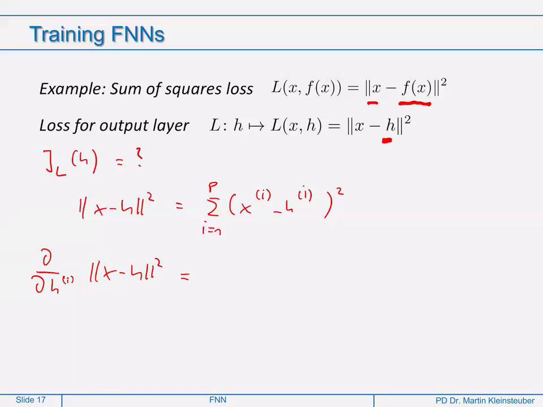Of all the summands, only one summand depends on this hi. So this is 2 times, and you have this minus sign, so it flips in the sum. So it's hi minus xi. Right?